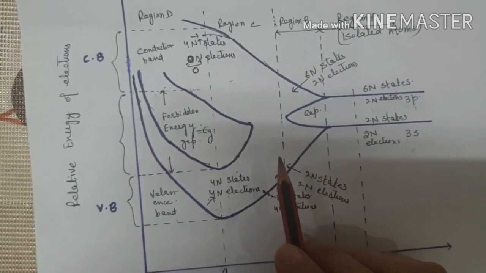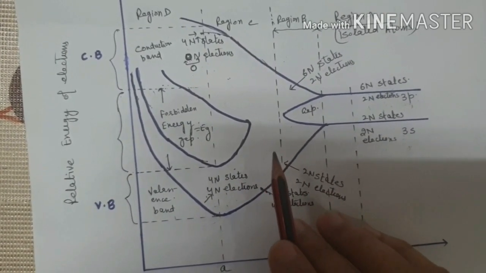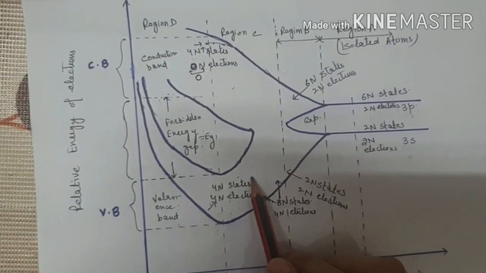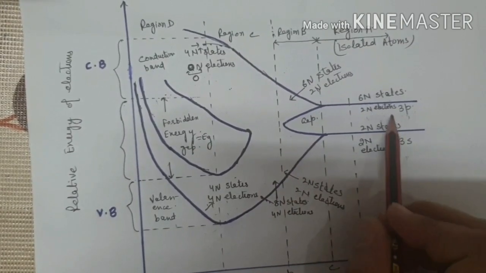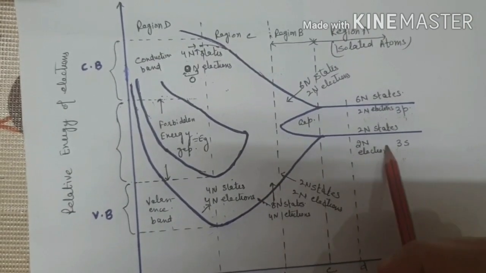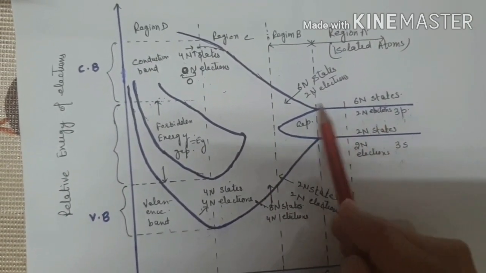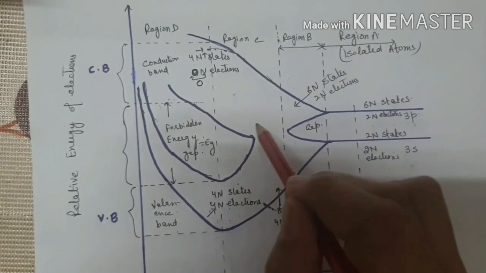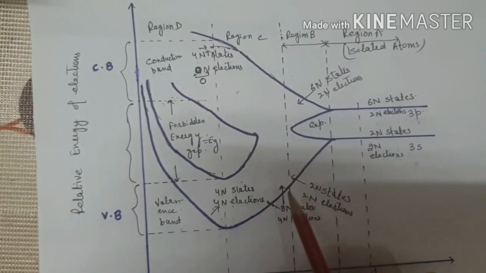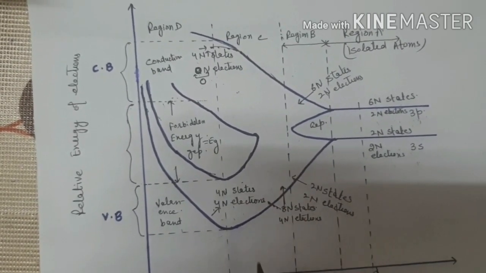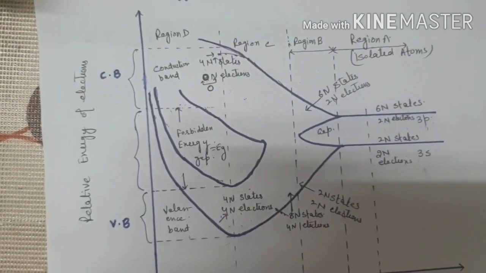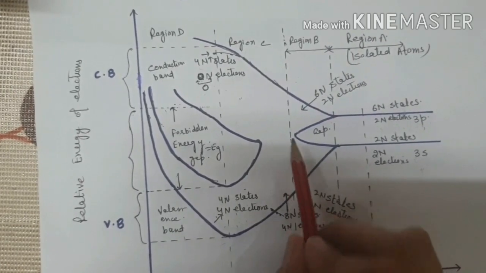So in this case it is not possible to distinguish between the electrons belonging to the 3s and 3p subshells. We can't say whether an electron is of the 3s level or the 3p level, because the electrons are continuously distributed. Out of 8n energy levels, 4n levels are filled and 4n levels are empty. So here the gap disappears.